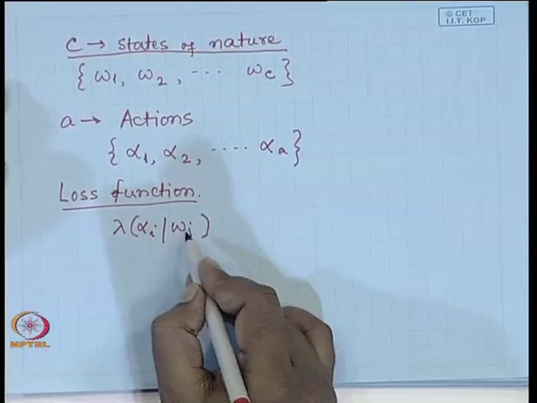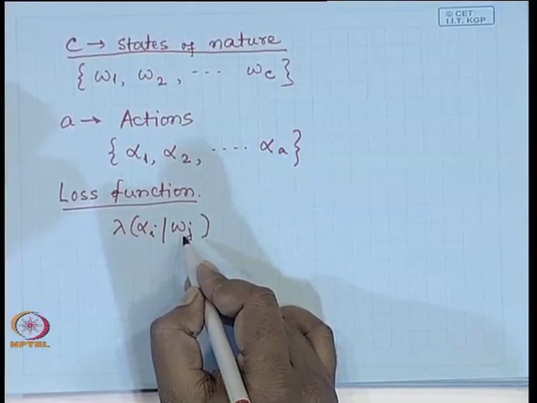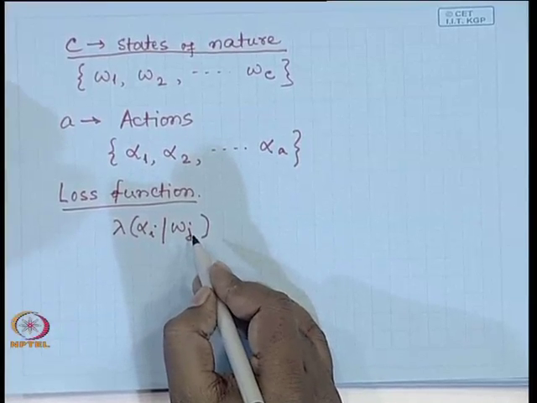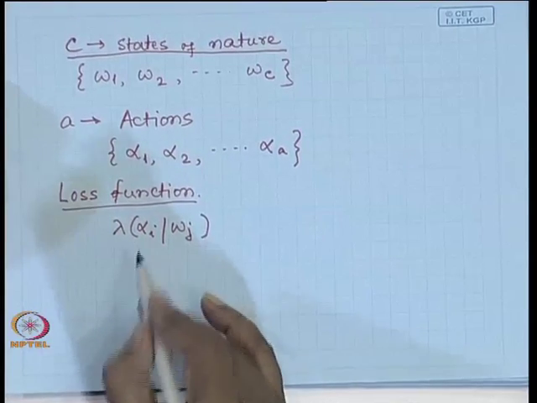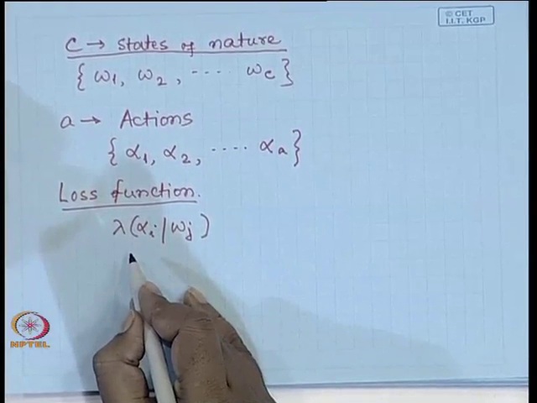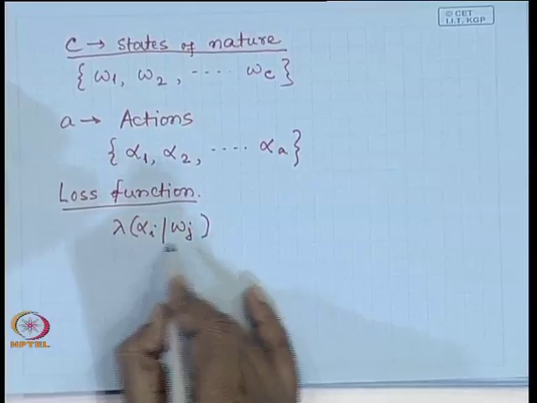This means that if the actual state of nature is omega j, whereas we take an action alpha i, then the loss incurred while taking this action alpha i, when the actual state of nature is omega j, is lambda of alpha i given omega j.